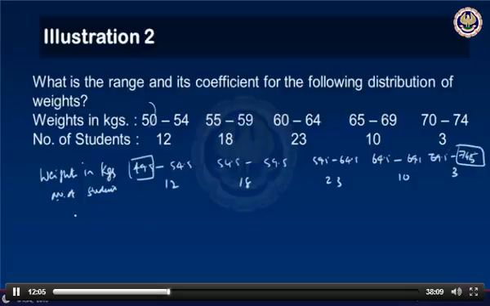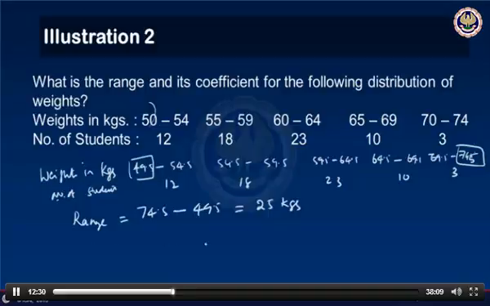So the range can be written as 74.5 minus 49.5 kgs, which is 25 kgs. This is the range between the smallest and the highest value.